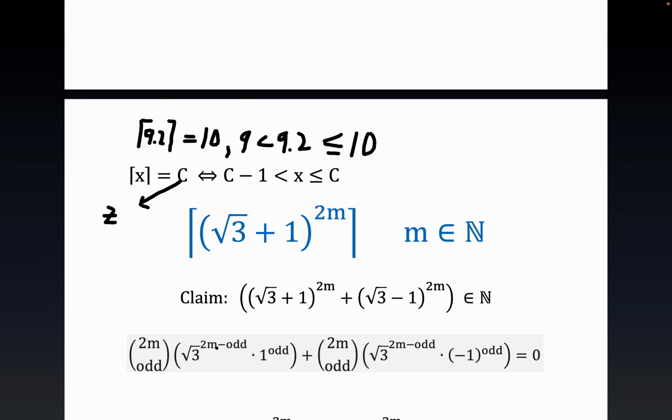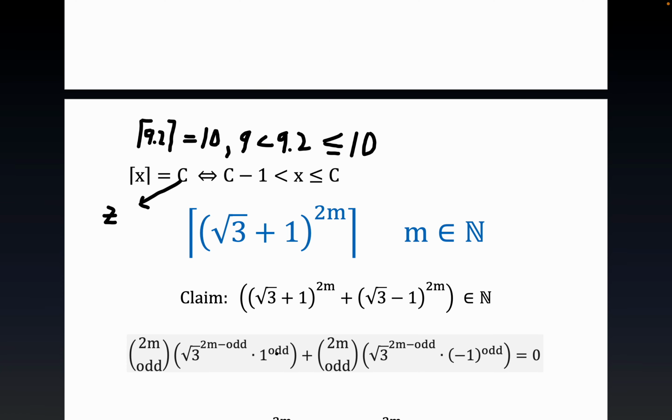Notice that 2m minus an odd number is an odd number, and then 1 raised to the odd is an odd, right? So this is a typical odd term in this expansion, okay? And again, note that 2m minus an odd number is an odd number. So these are both odd exponents. This is an odd exponent. This is an odd exponent right here, okay?